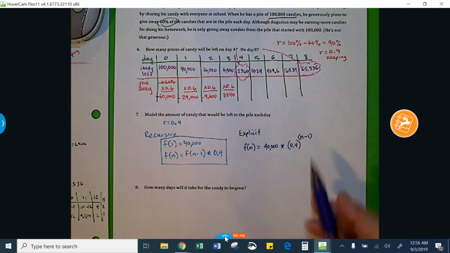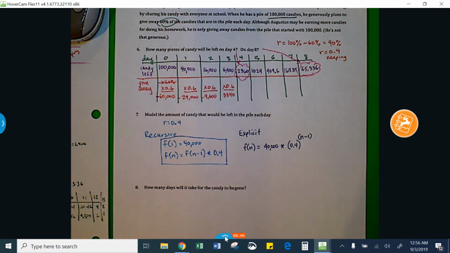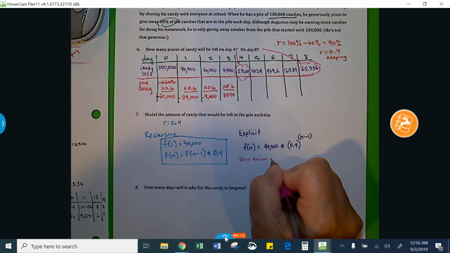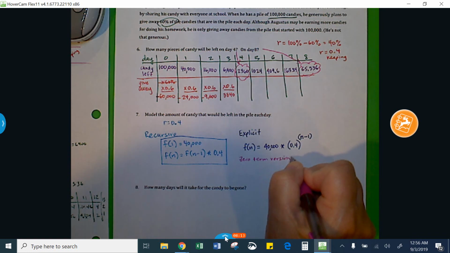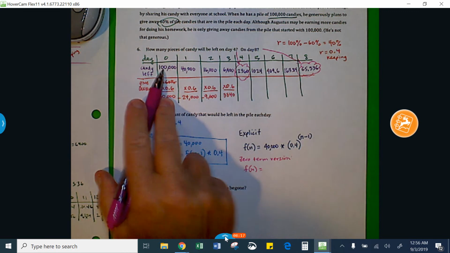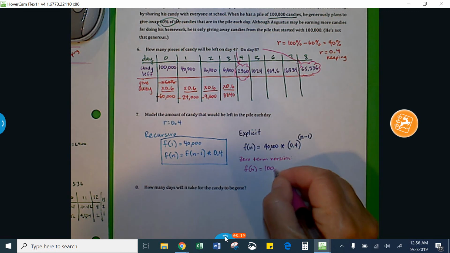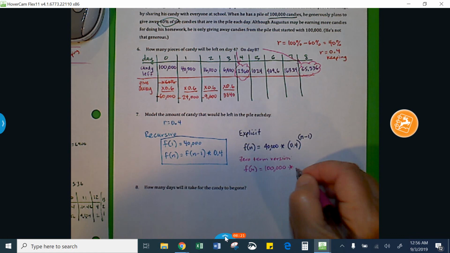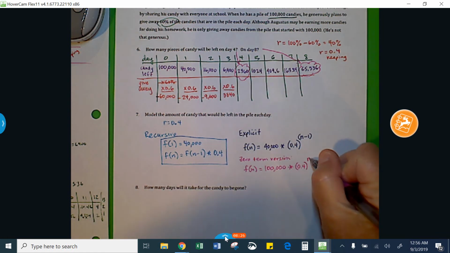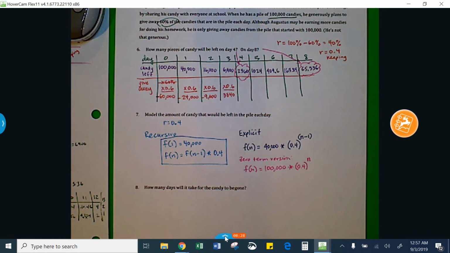If you wanted to use the zero term, you could. So the zero term version would be f of n equals 100,000 times the r value, which is the same, and now this exponent would be n minus 0, which I'm not going to write, it would just be n. So you will see it sometimes this way.